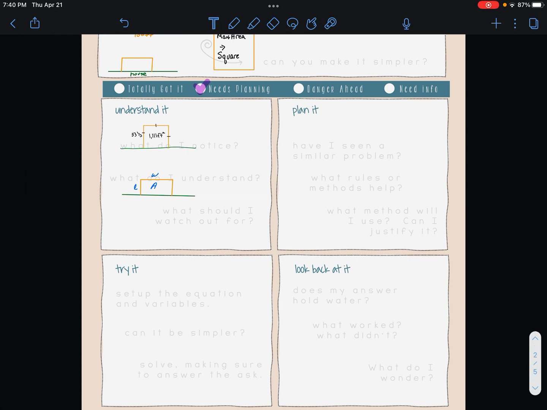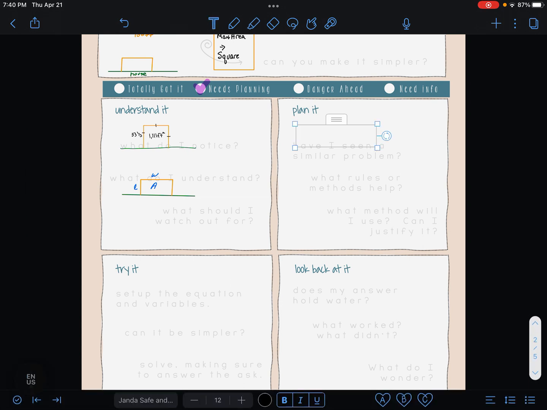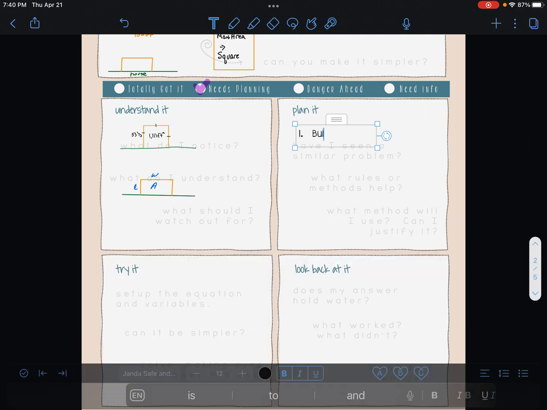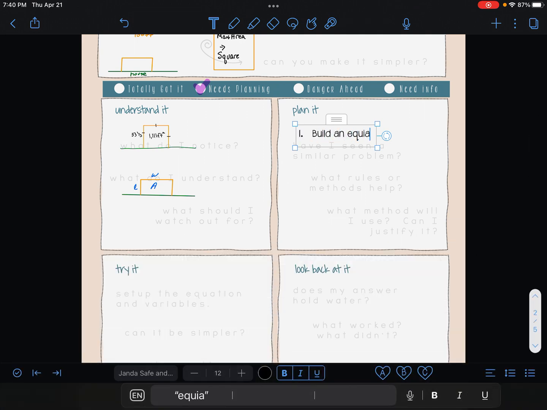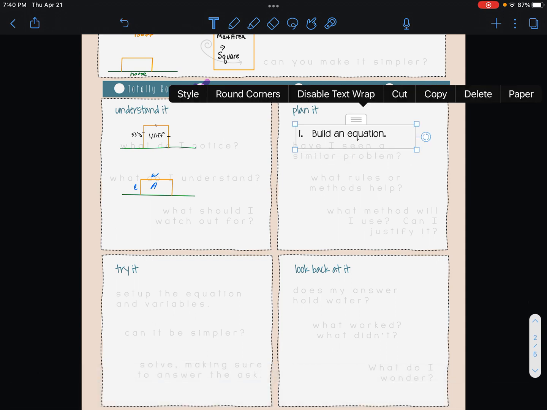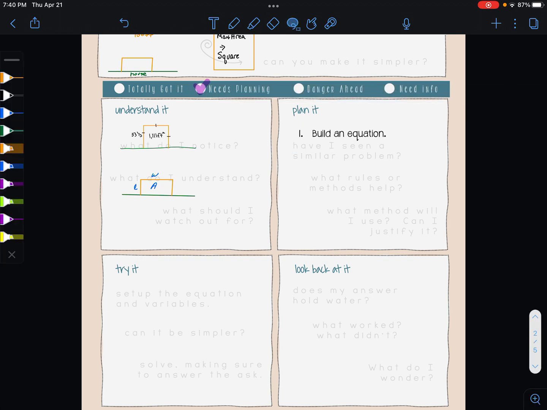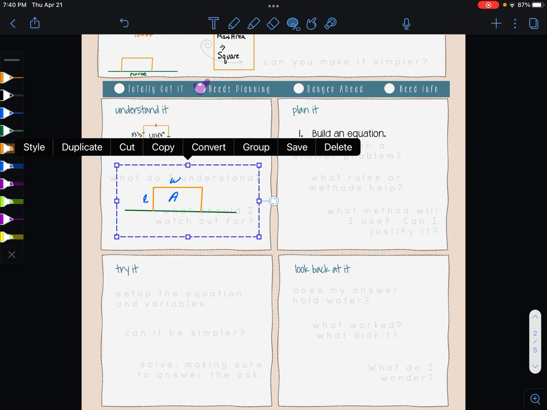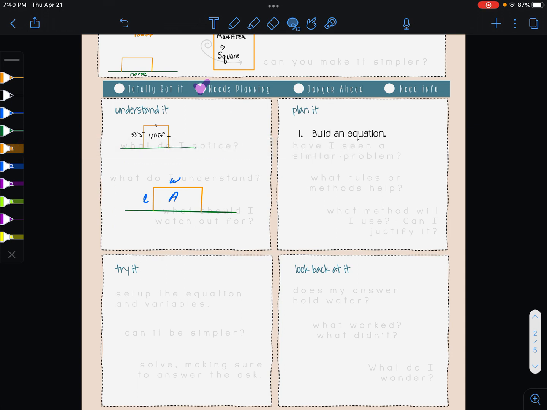So we said we're going to use as our first try, we're going to build an equation. Now, to build an equation, how would we go about that? So we have our diagram over here, and to build an equation we probably want to look at getting those variables, instead of having two variables, we want to use substitution to get that to one variable.